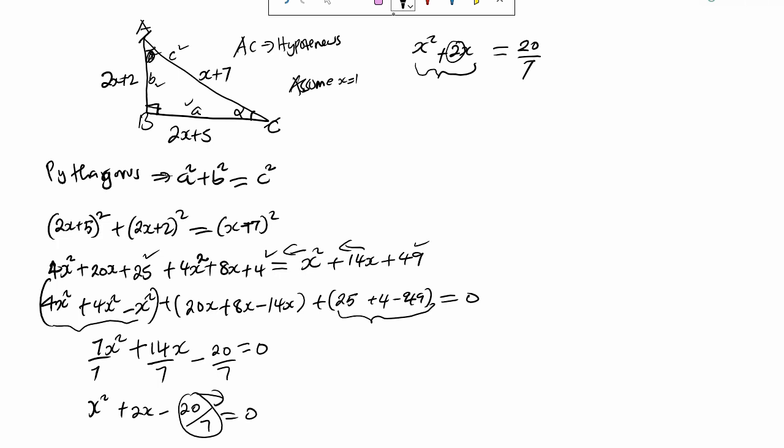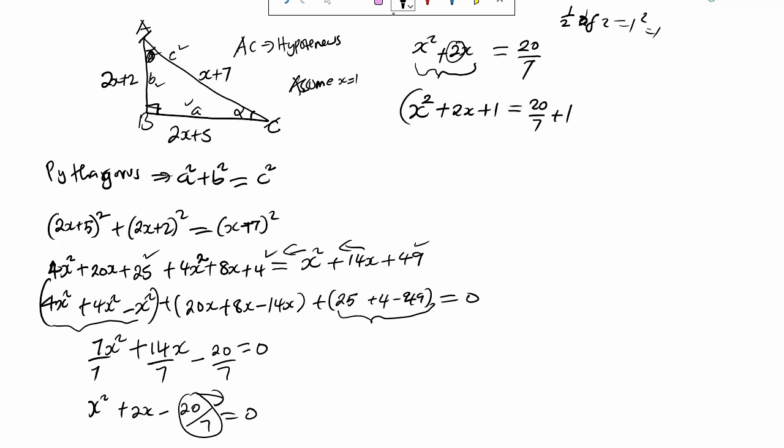And what do I mean? Half of 2 is 1, and 1 squared is 1, so it means I shall add 1 to both sides of the equal, and that is plus 1 equals 20 over 7, add 1.